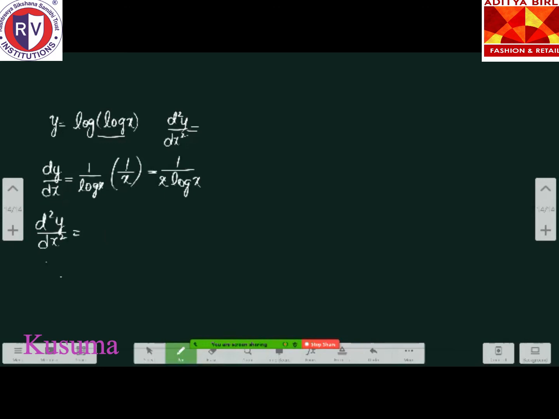What can we do? How do you differentiate this? How do you find out d square y by dx square?